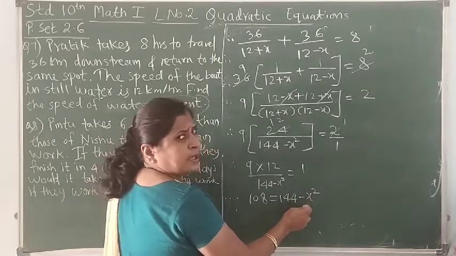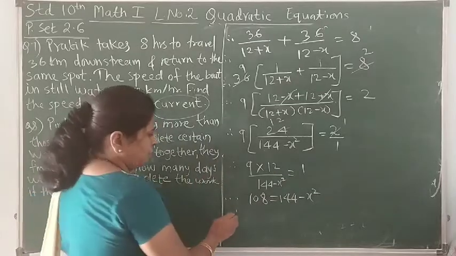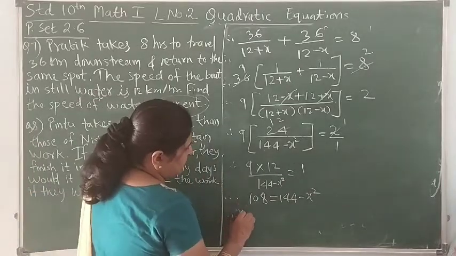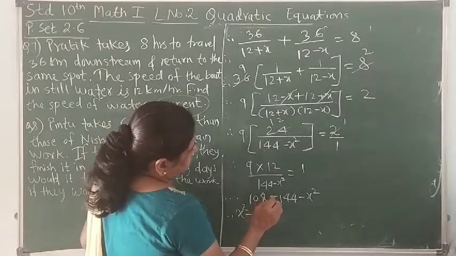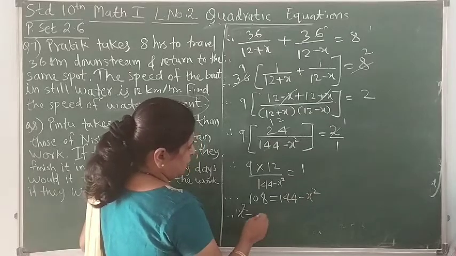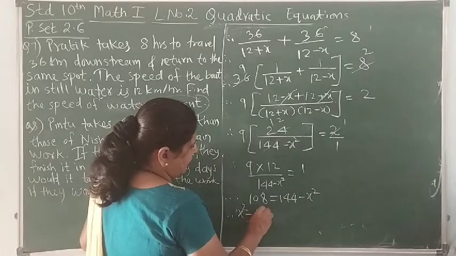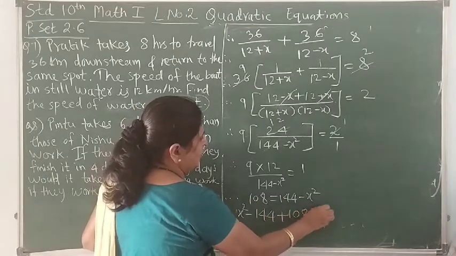Now as the x squared term is negative, bring it here to make it positive. So here it will become x squared plus, now there is no x term, fine. So here it is minus 144 plus 108 is equal to 0.